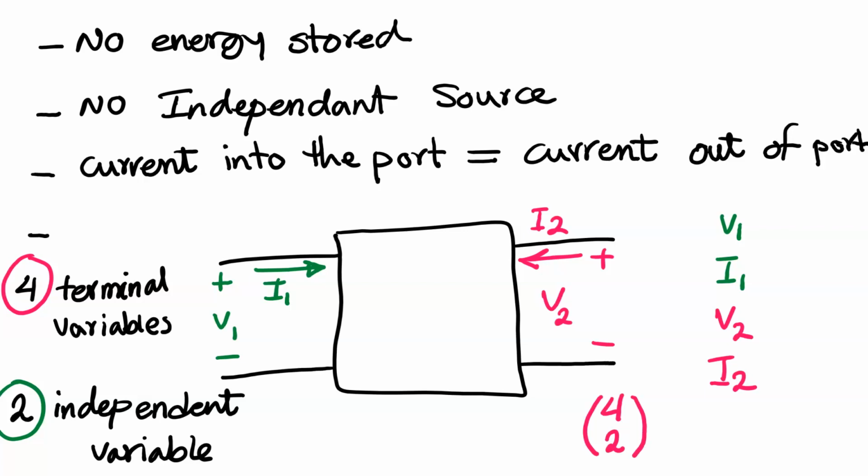So it means that there are 6 different ways of describing the model for this circuit. So in this chapter, you're going to learn how to describe the model of a two-port circuit, and there are 6 different approaches of modeling, which depend on which parameters you select to be your independent variables and which other 2 variables remain as your dependent ones, which you have to describe based on your independent variables.